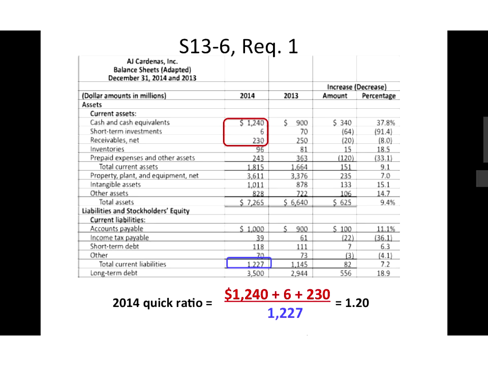Okay, so that is my quick ratio. That's above my rule of thumb that it should be above 0.9 to 1. So this is good. It's 1.2. This is 2014. We're going to do the same thing for 2013. So in 2013, we're going to take the same numbers, cash, short-term investments, receivables, divide by total current liabilities, and we get 1.07. Okay?